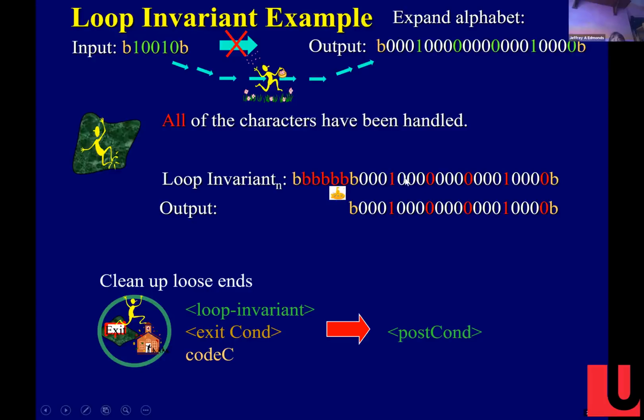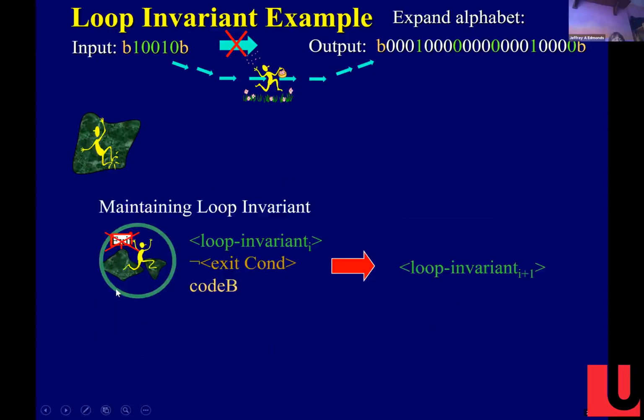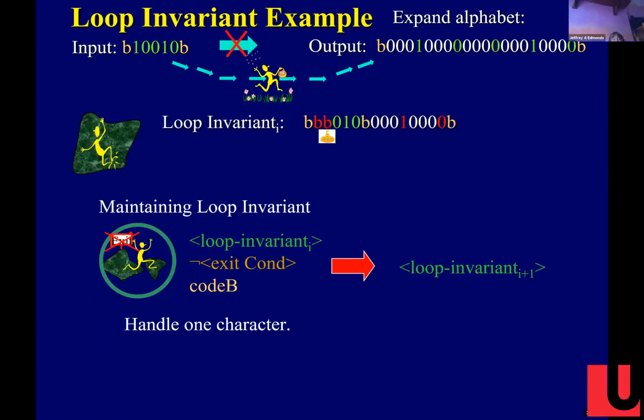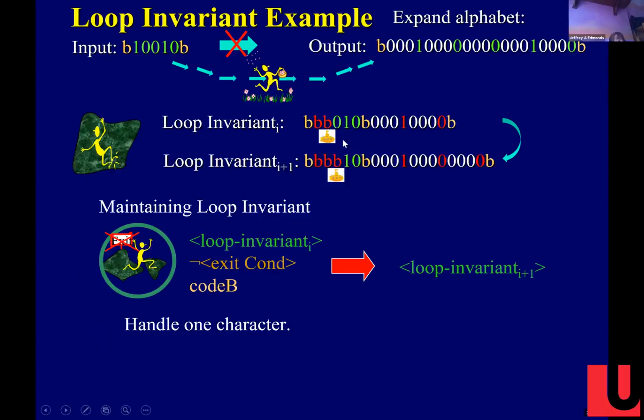You blanked them all out and we've done them all. And the point is we're saying, then we're done the problem, right? So all we have to do is maintain the loop invariant, all right? All we have to do is learn how to handle one character. So here we are. That's our picture. And what do we want to do? We want to learn how to go from here to here. Right? Does that make sense?